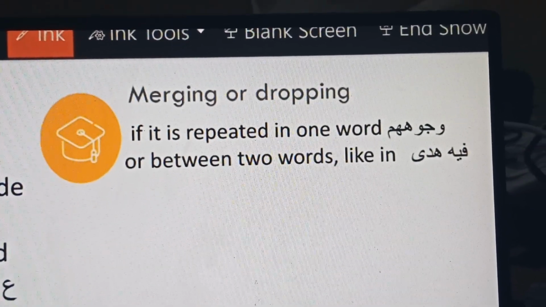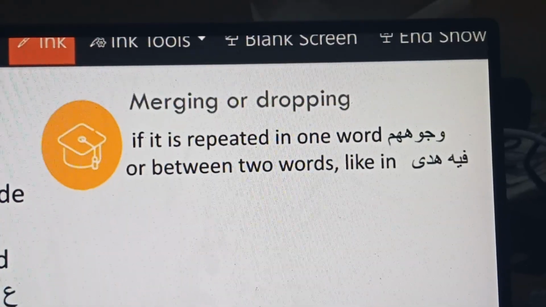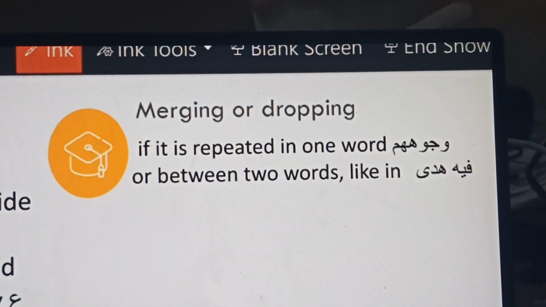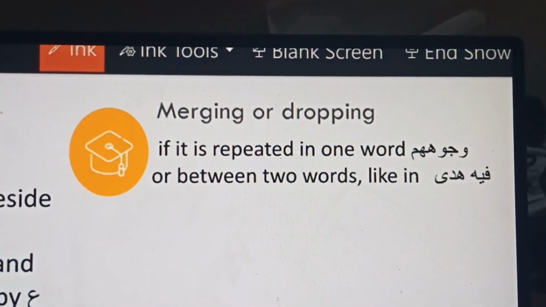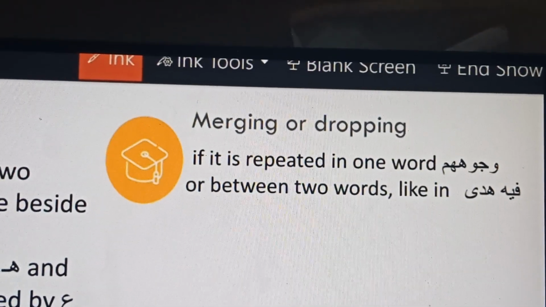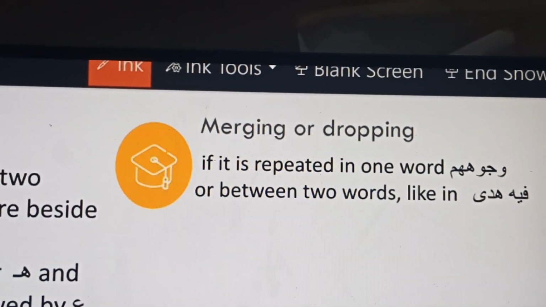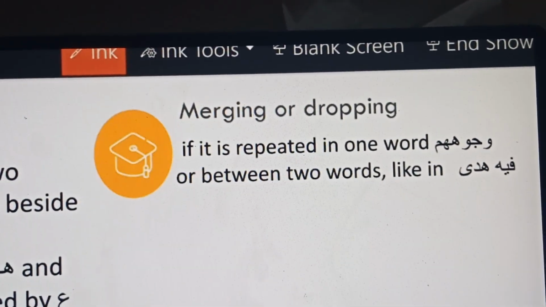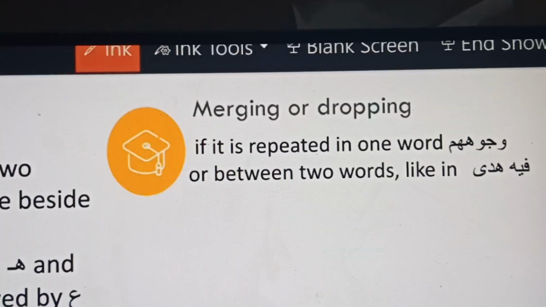And you have to see that there are also two ha, so close, so clear. From the mistakes that may happen is that people mistakenly say ha as waw, like fi hum huda.